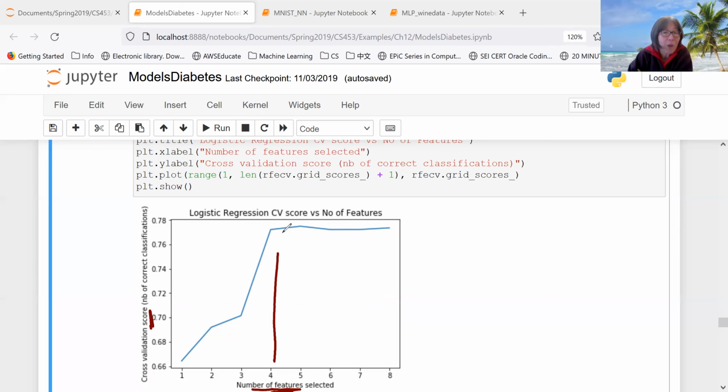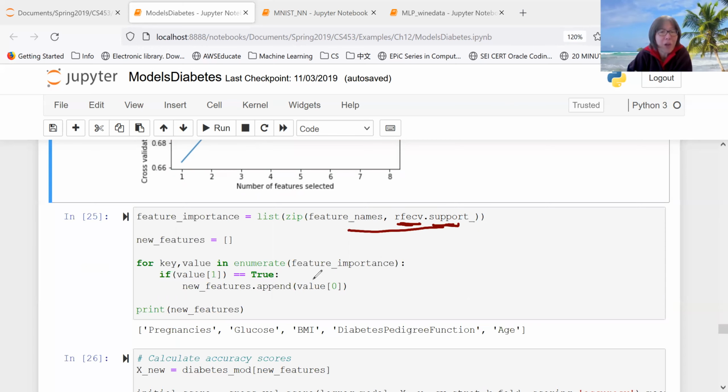Then you may ask, how do we find the features? From the result, it will provide us some supporting information about feature importance. Then we can get the top picked.